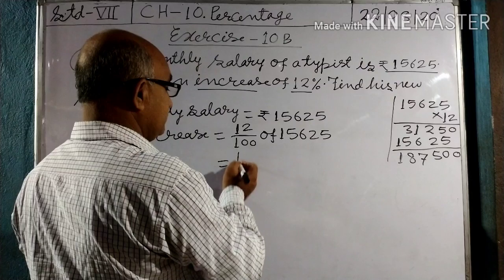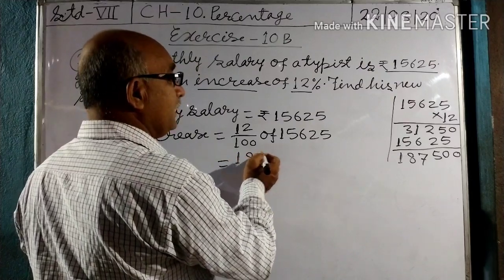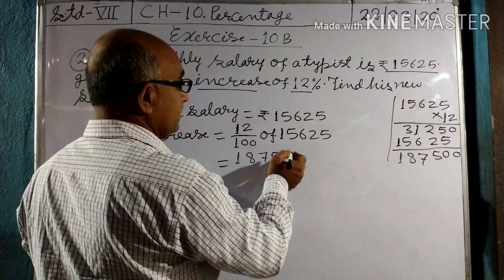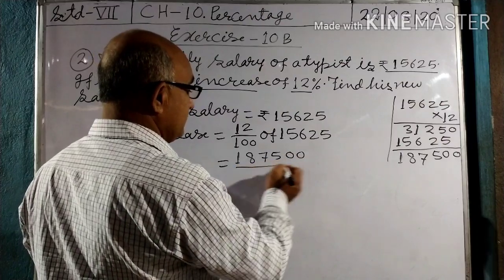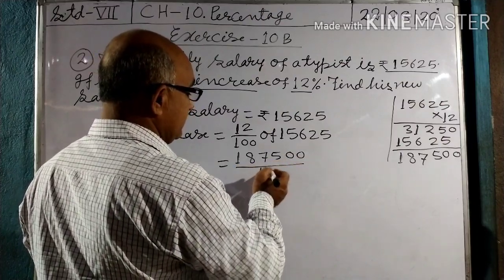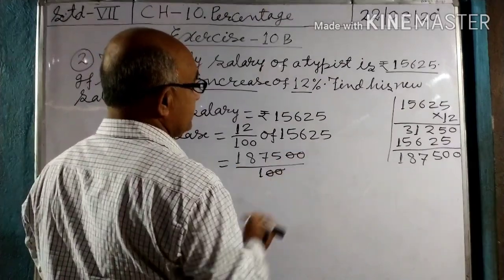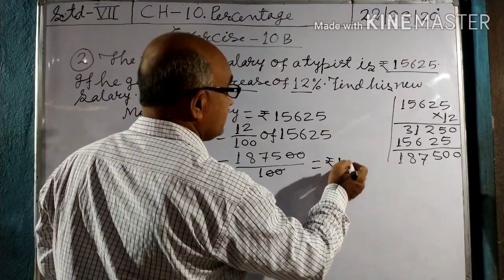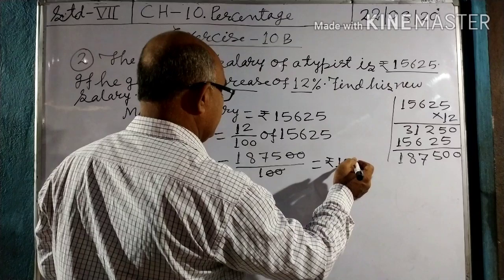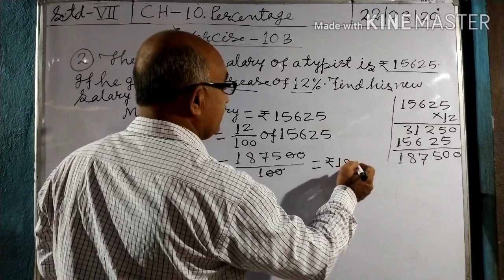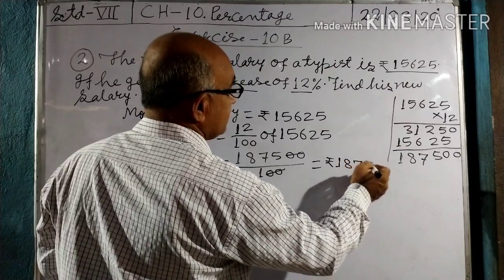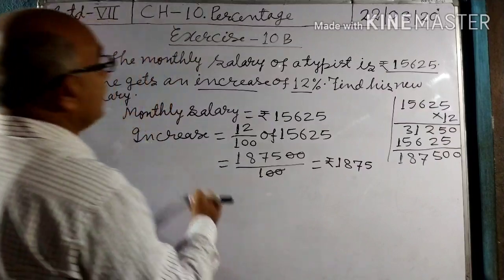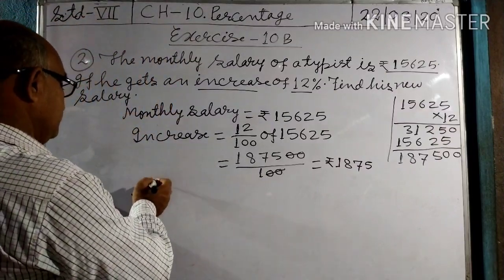Here, 187,500 by 100. Double zero is cancelled. So rupees 1,875.